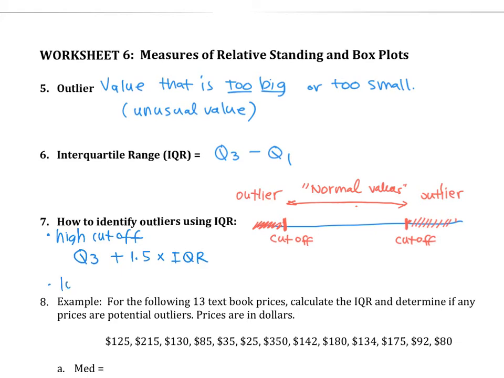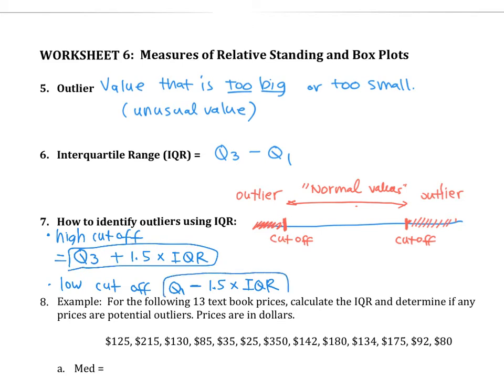And then the low cutoff is going to be Q1 minus 1.5 times IQR. I'll calculate this number and this number. Those two numbers determine these 2 points right here, and once you go past those two numbers, then we have outliers. Now I'm going to have you pause and work on number 8 and number 9.